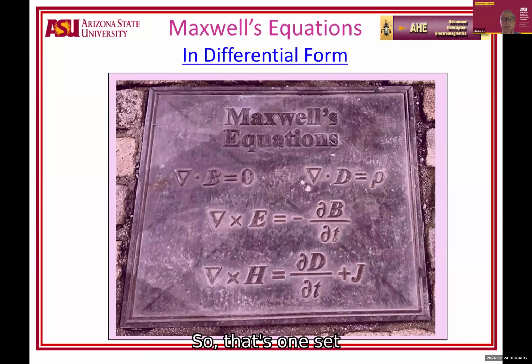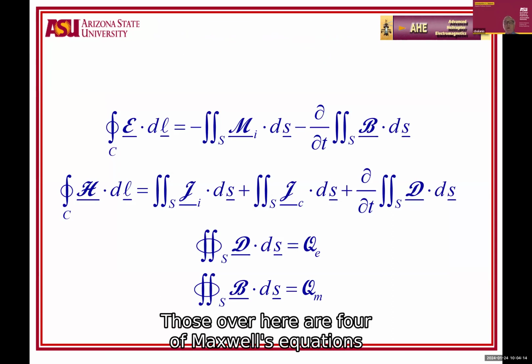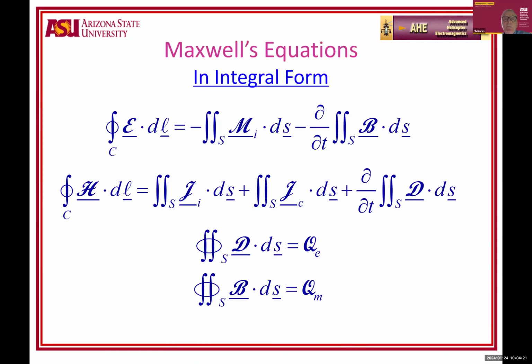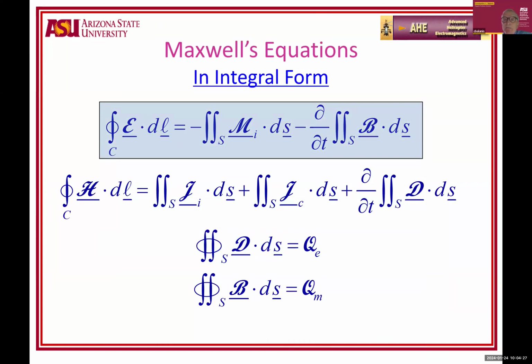Okay, so that's one set of Maxwell's equations in differential form, but we also have them in integral form. Those are the 4 of Maxwell's equations in integral form. The first one has all the terms, it's complete.